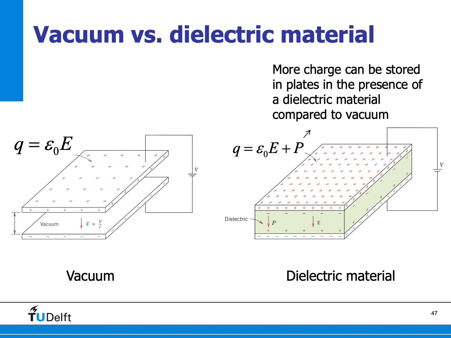So in the case of vacuum, we have here this electric field V divided by L, where L is the distance between the plates.